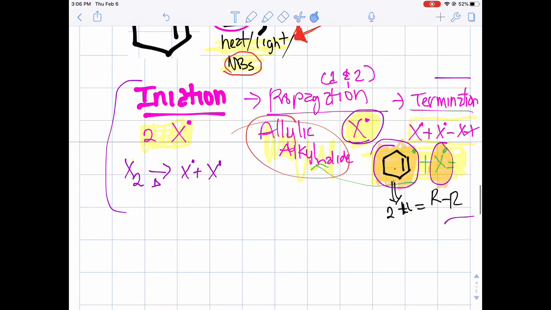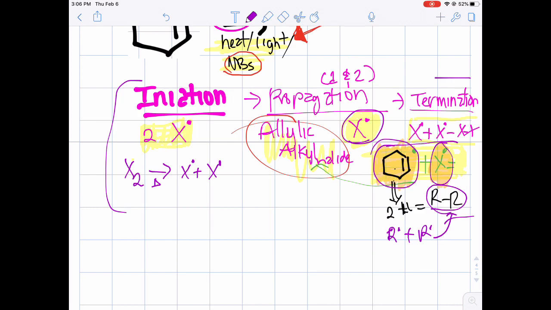And then this is also a minor product, but you still have that two R radicals that will come together to form those two bonded together.